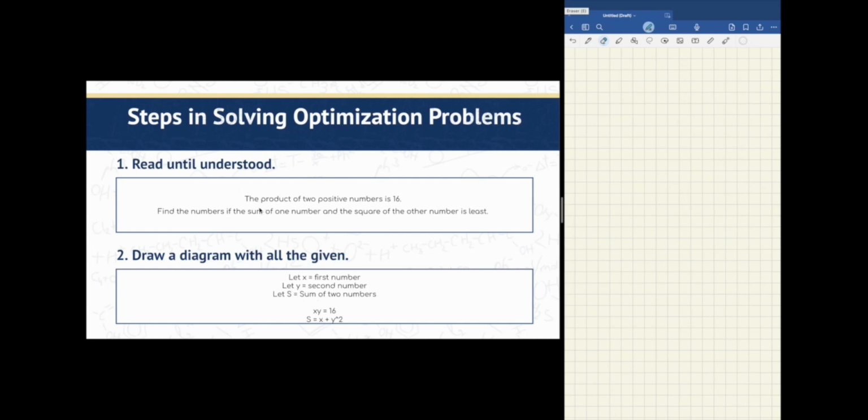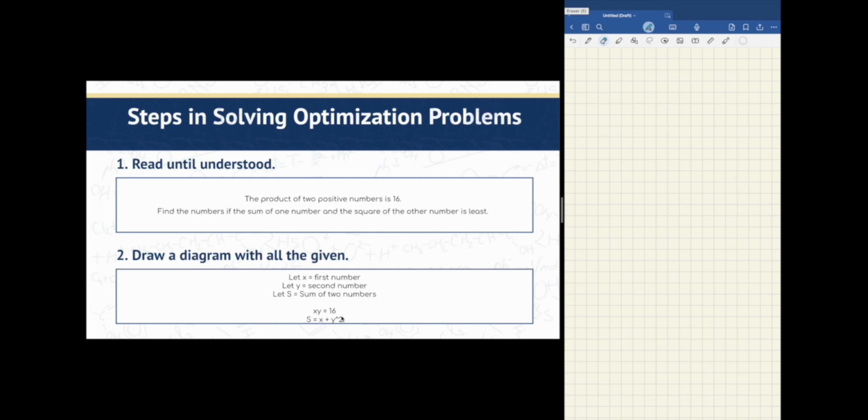So based on the problem, we understood that the product of 2 positive numbers is 16, so we write using the given variables here, x times y is equal to 16. And if we're going to find the sum of one number and the square of the other number, we will write it down as s, which stands for the sum, is equal to x, which is the first number, plus y, which is the second number, raised to 2.